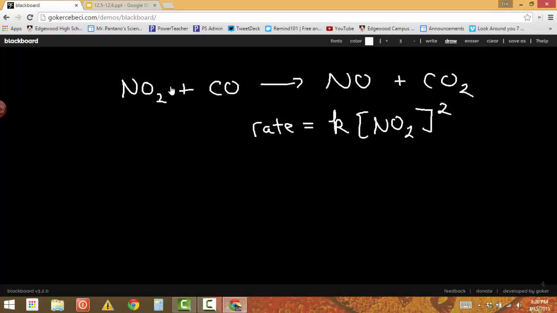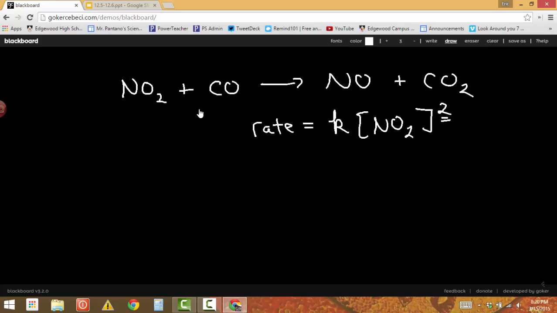It appears as though this is a bimolecular collision. A carbon monoxide molecule collides with an NO2 molecule just the right way with just the right energy, and an oxygen atom switches. But a bimolecular collision of NO2 with CO would be first order in each, and this tells me otherwise. This is not that rate law. This means that it can't happen in one step.